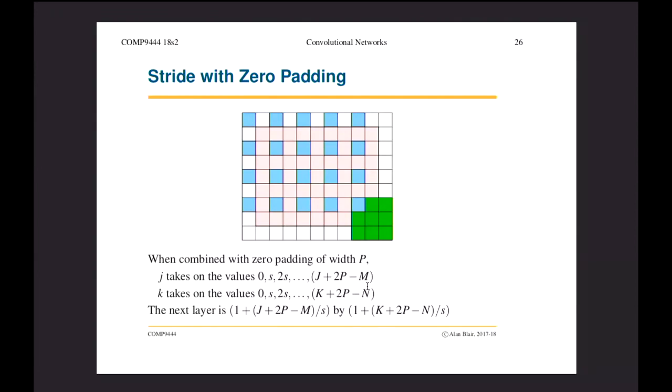We've put padding of P on one side and P on the other side. So the white rectangle is J plus 2P. We subtract M to get the size of this rectangle here, and then the same logic applies. We divide by S, throw away the remainder if there is one, and add back 1, and that'll tell us the size of this blue array.